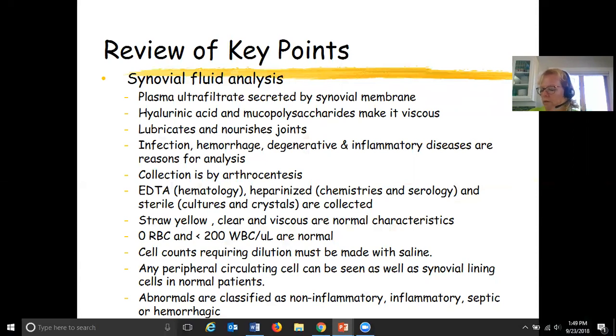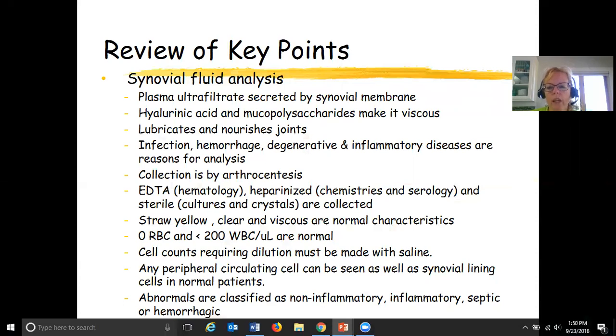The calcium pyrophosphate crystals are positively birefringent, so that means when they're lined up with the compensator, they're blue, and when they're not lined up, they're yellow when they're perpendicular. And so when you have those polarized scopes, it will tell you which way the filter is going, and so you can tell whether they're negative or positive birefringent.